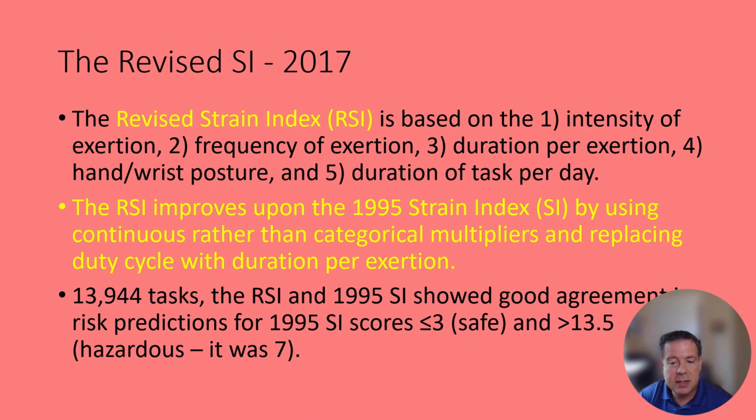They did see good agreement with the original from 1995, but the hazard score was 7 and now it's 10, so it made it a little less cautious. The revised strain index also uses a continuous scale rather than the multipliers, replacing the duty cycle per exertion.